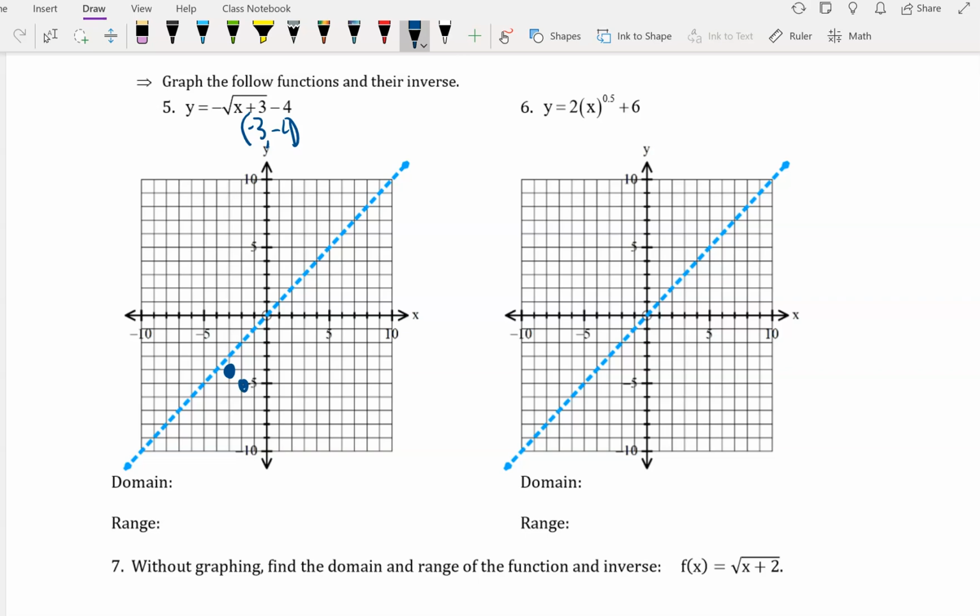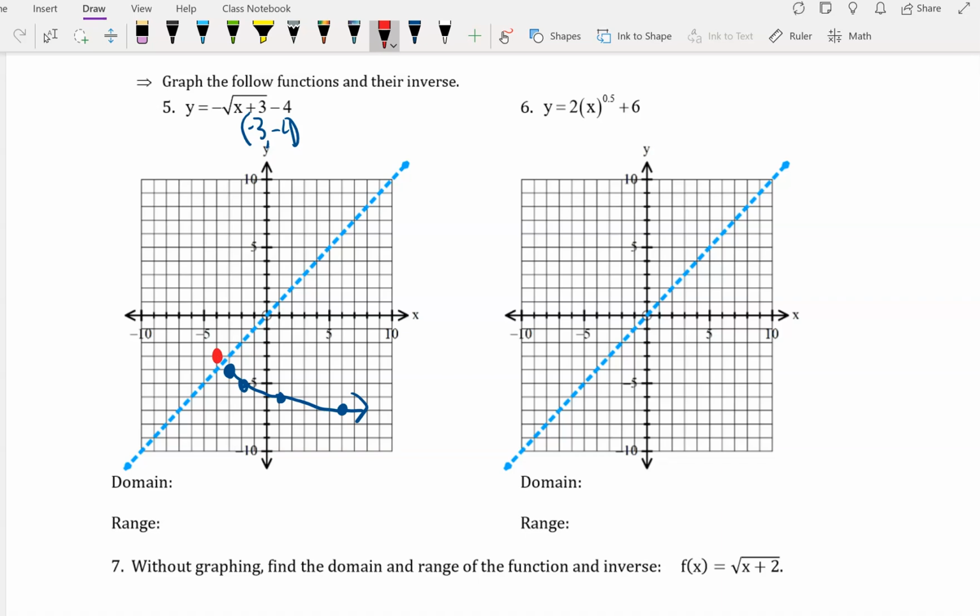Over 1, down 1, back to the start, over 1, 2, 3, 4, down 2, because the square root of 4 is 2. And I could do 9 also, because 9 is a perfect square. 1, 2, 3, 4, 5, 6, 7, 8, 9, down 3. So there's the function. And then the inverse is going to be, instead of -3, -4, it's going to be -4, -3.